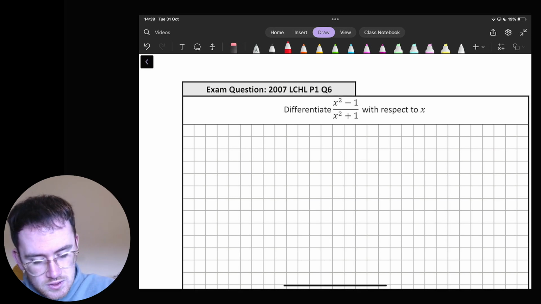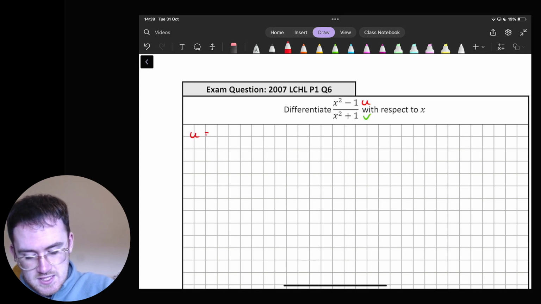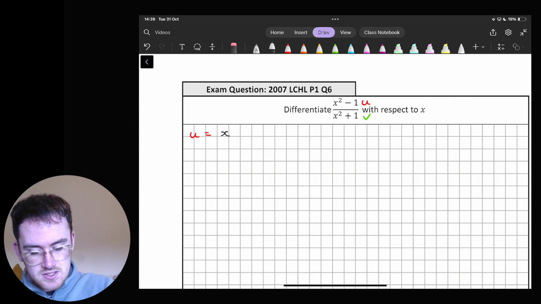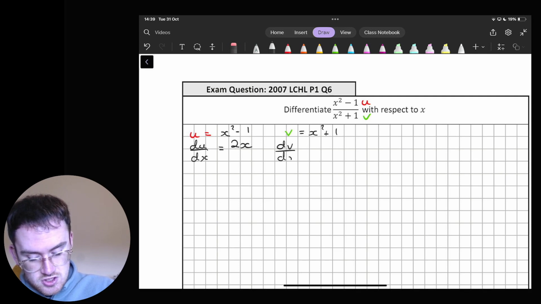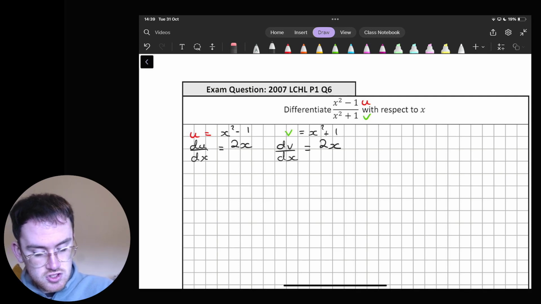So let's go. We'll call this part u, we'll call this part v, and we're just going to evaluate as before. If u is x squared minus 1, then du dx is 2x. And if v is x squared plus 1, then dv dx actually just ends up being the same again, just 2x.